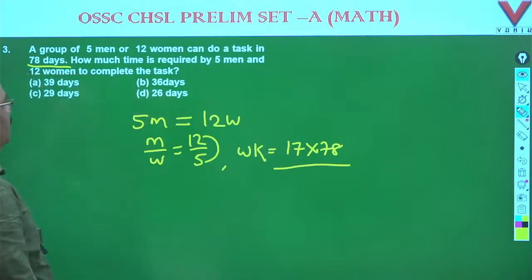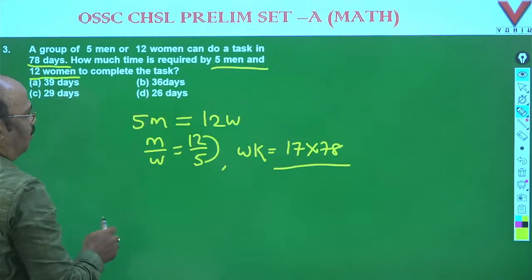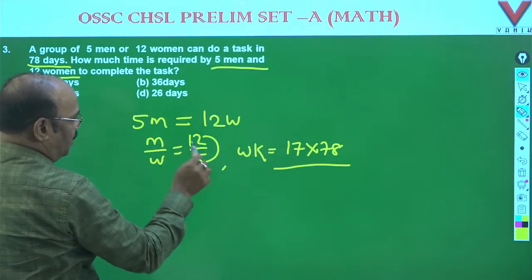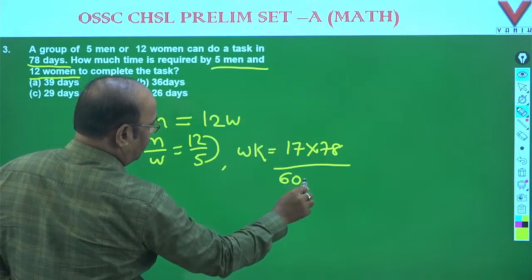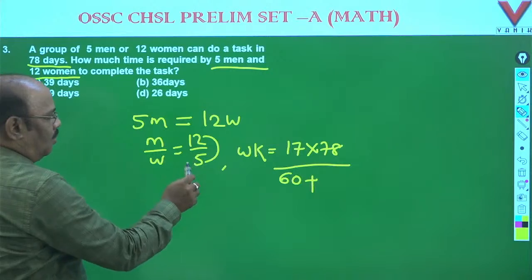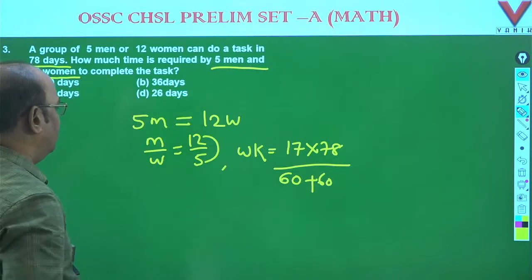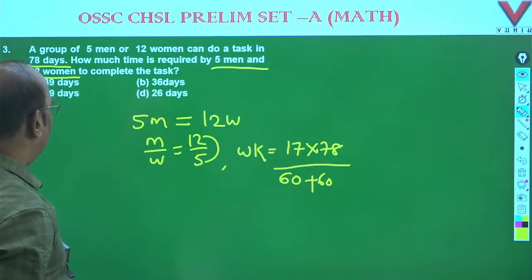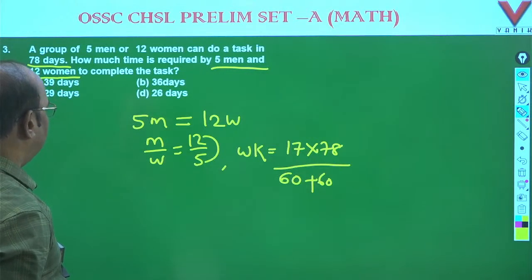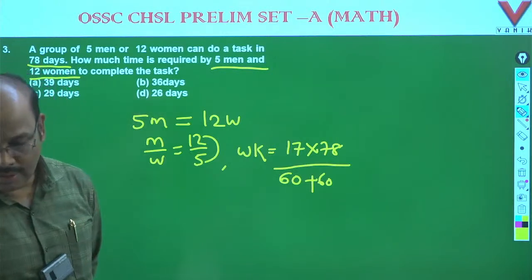How much time is required by 5 men plus 12 women? 5 men do 12 into 5, 60 work, and 12 women do again 12 into 5, 60. So 60 plus 60 becomes 120.